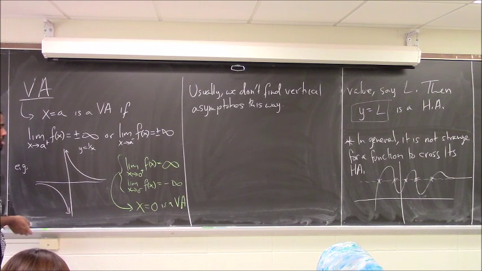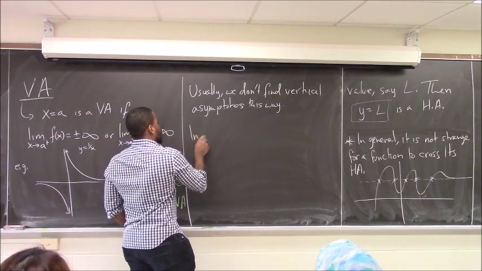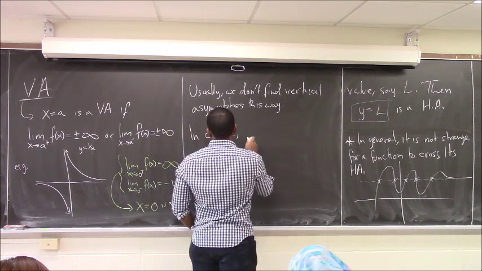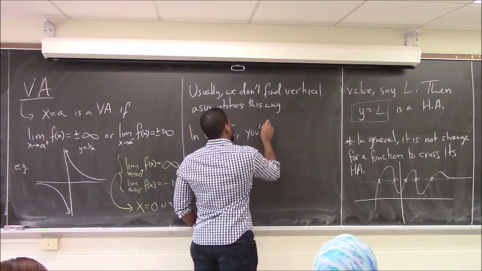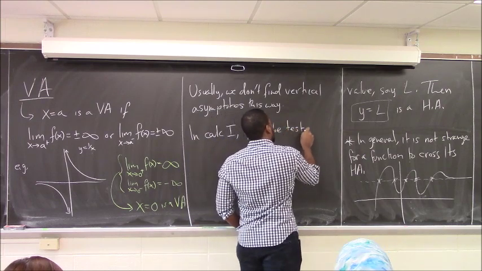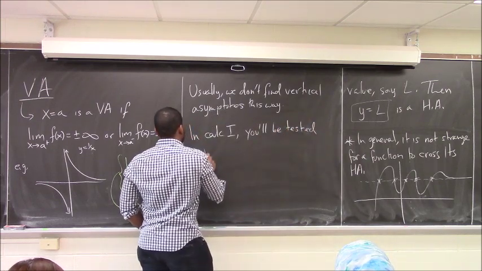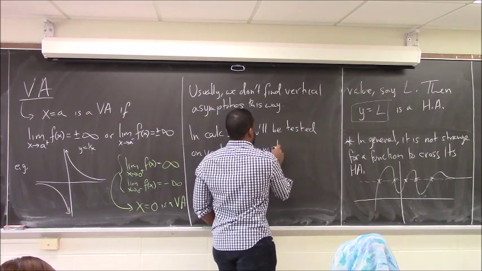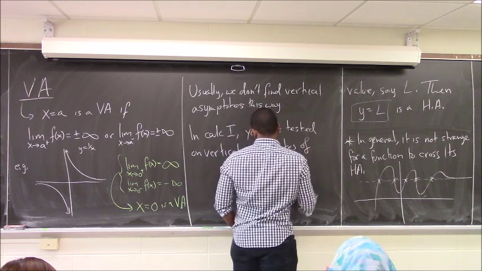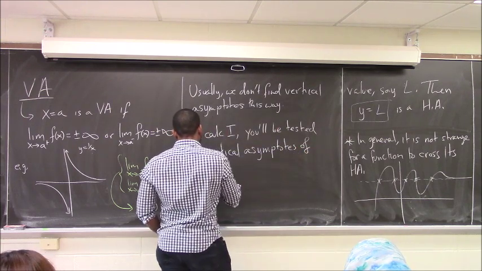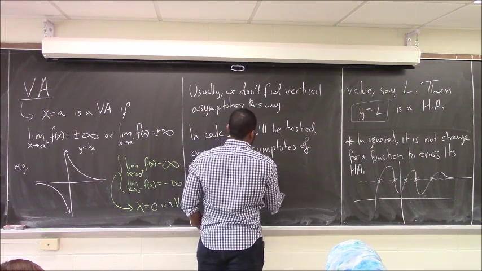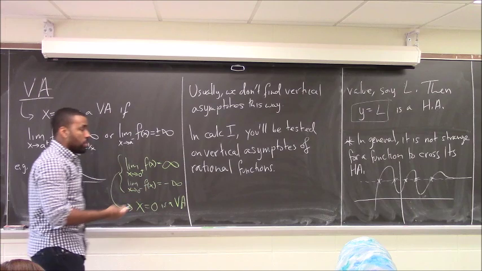In Calc 1 class, we usually only test you here in a very specific situation. That's all I'm going to test on. Rational functions. Okay. So that's ratio of polynomials.